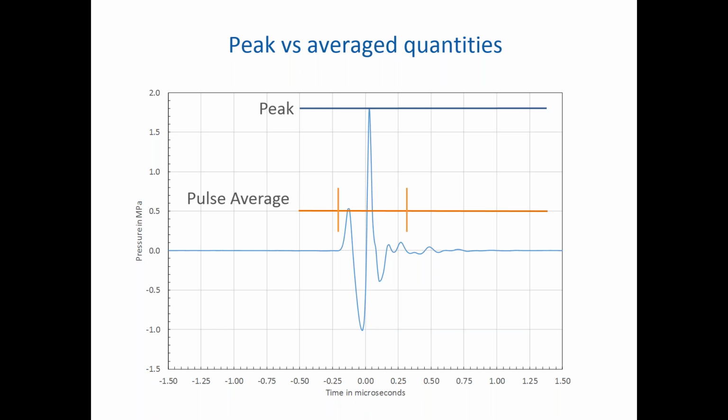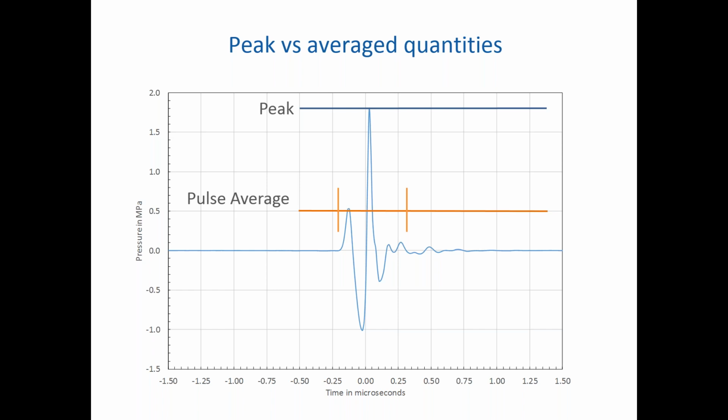It's worth noticing that in most of the standards, because of the way that pulse duration is calculated, it's not exactly from the zero crossing point at the beginning of the trace to the zero crossing point at the end of the trace, but is often determined in terms of a quantity that relates to the energy in the pulse. And in this case, the pulse duration is giving us a value that's about half a microsecond.